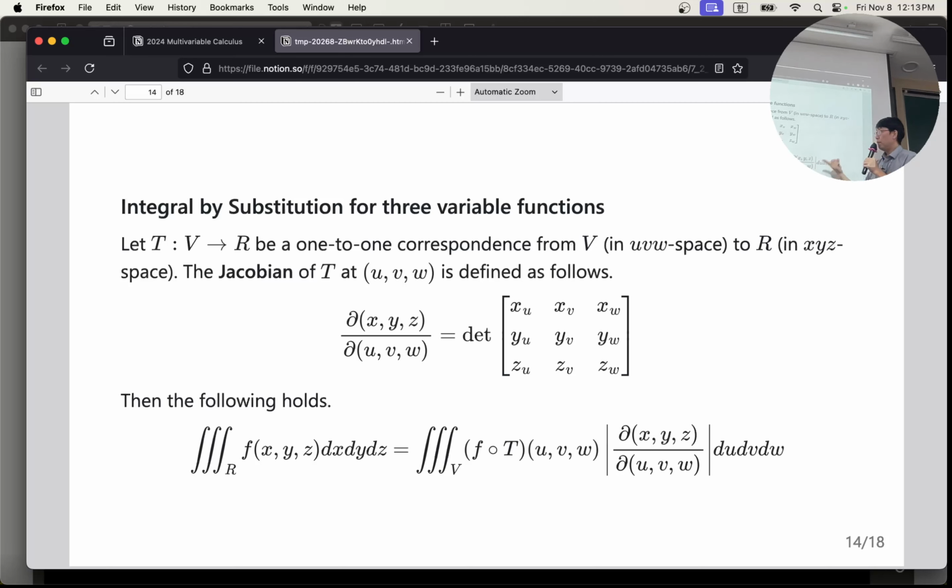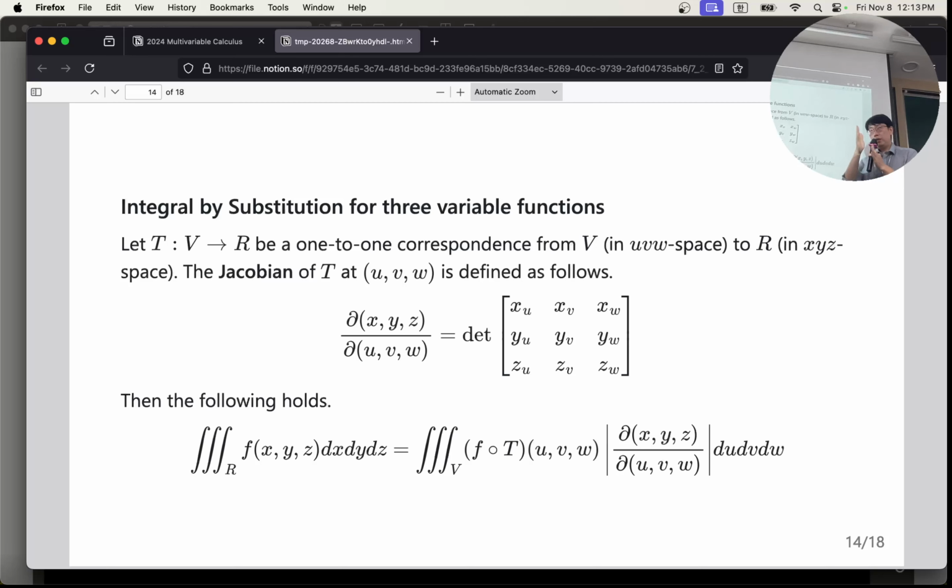The reason, briefly, is that when you have a cubic region inside UVW space, you can map that cubic region into a region inside xyz space, and the image of that region is approximated by a parallelepiped bounded by three vectors, which correspond to the three standard orthogonal vectors e1, e2, e3.